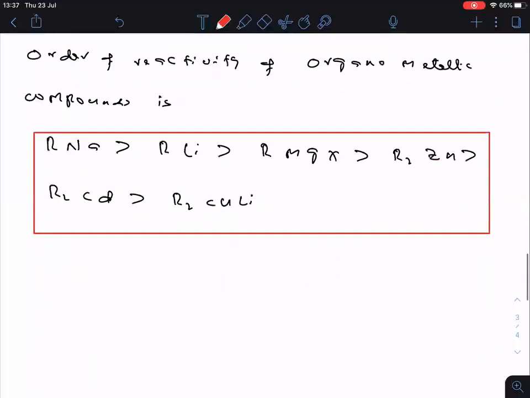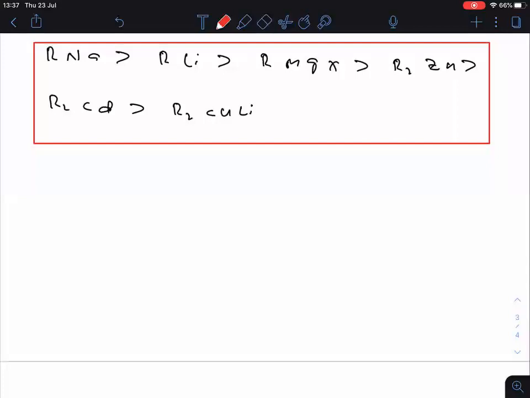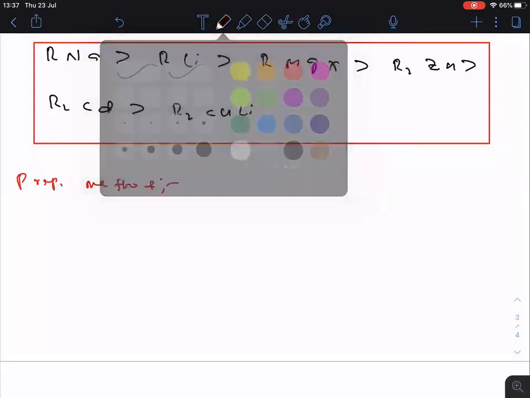Now, coming to the preparation method of Grignard reagent. Clear?